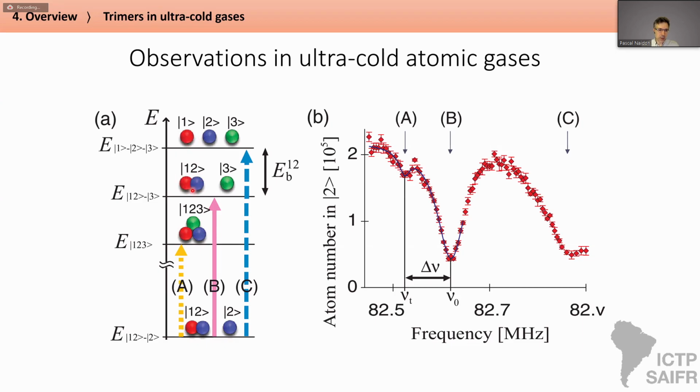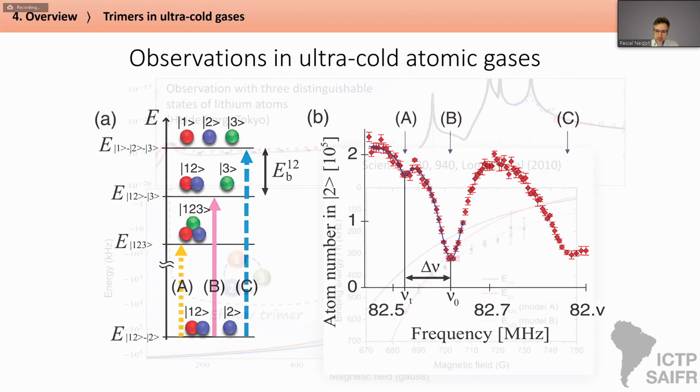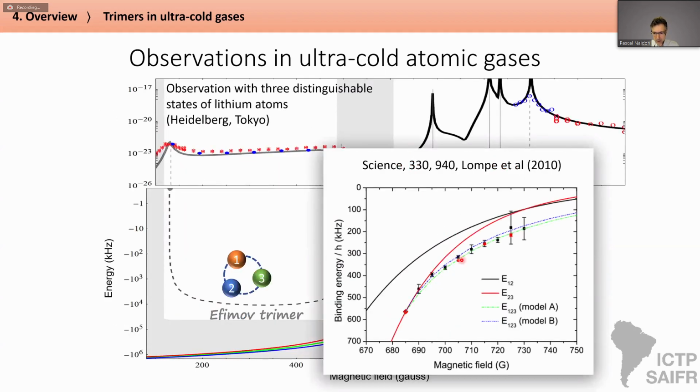This has a lower energy when we consider the energy of this dimer plus the remaining particle 3 that is unbound. And then if the three particles bind together to form the Efimov trimer, they have an even lower energy. That corresponds to this situation here. We have the dimer and then we have the trimer.